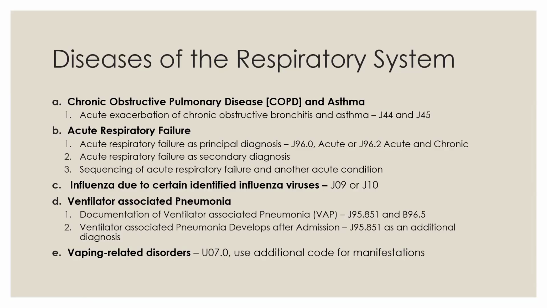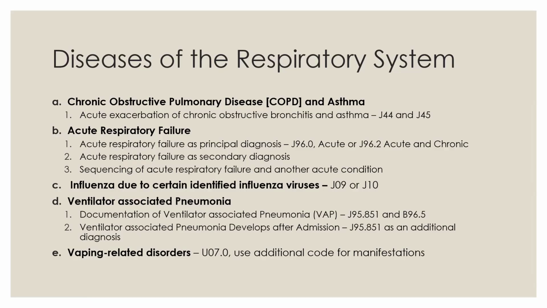However, coding should be based on the provider's diagnostic statement that the patient has avian influenza or other novel influenza A for category J09, or another particular identified strain of influenza such as H1N1 or H3N2, but not identified as novel or variant for category J10.